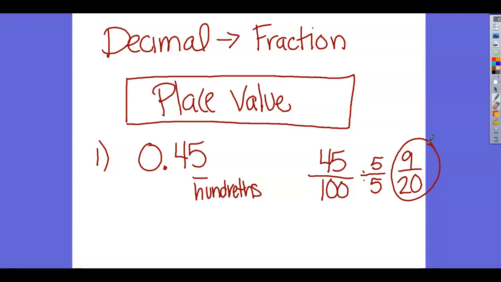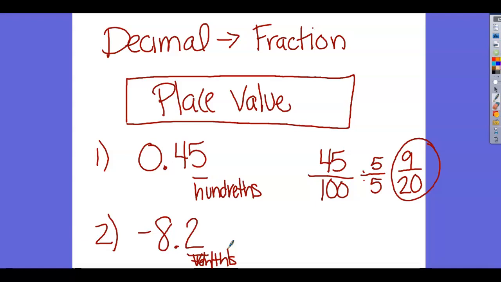All right, and your next example is going to be negative 8.2. So again, we always look at the smallest place value. My 2 this time is in the tenths. Whoops, sorry. I was hitting the board. Is in the tenths, that's what that says.